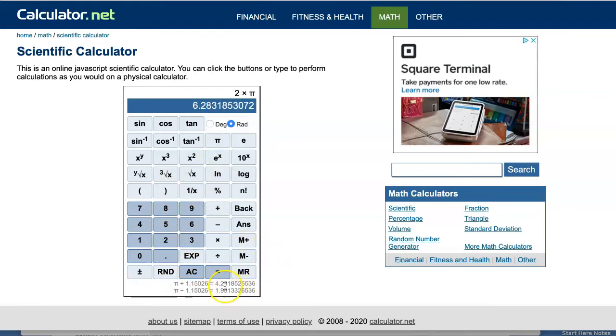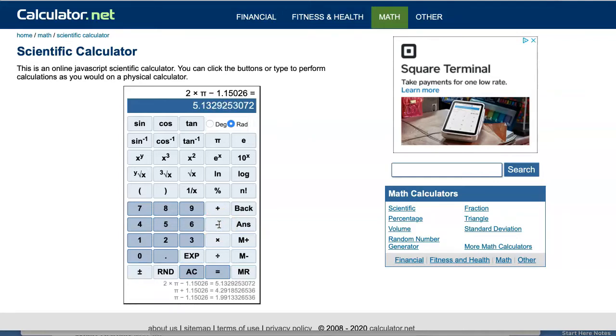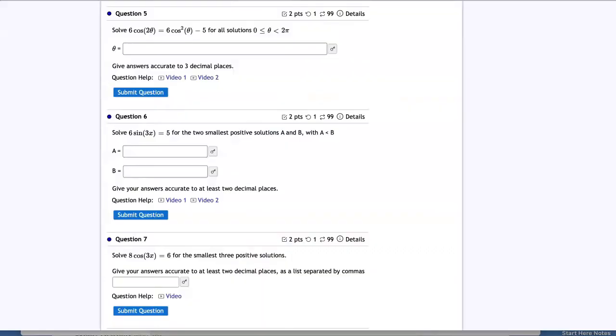Oh, look, it's keeping record of previous things I've done. How cool is that? 2 pi minus 1.15026. And I get 5.1329. That's good enough.